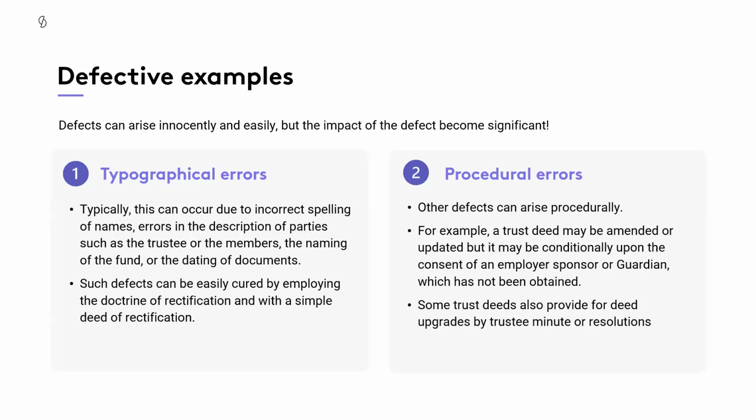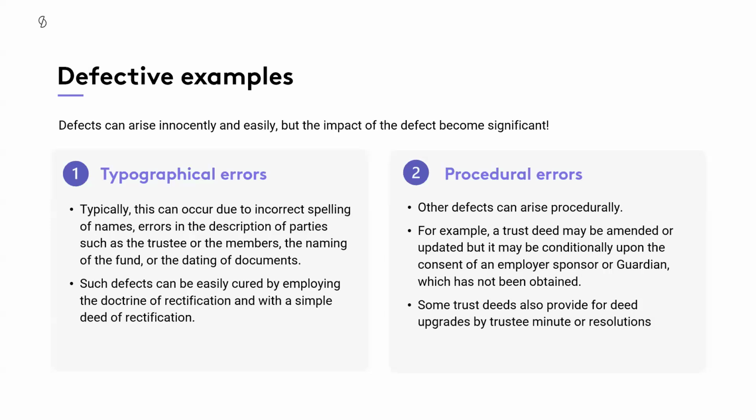And again, going back through a sequence of upgrades and changes. When we've seen examples, we might have seen maybe a missing date through that upgrade process. So there may have been an additional deed upgrade that has been missed, or an incorrect date has been included there. And therefore, again, we don't have a proper sequence of events that have occurred that reflect the overall history of the fund.